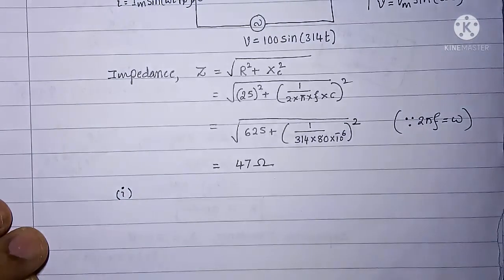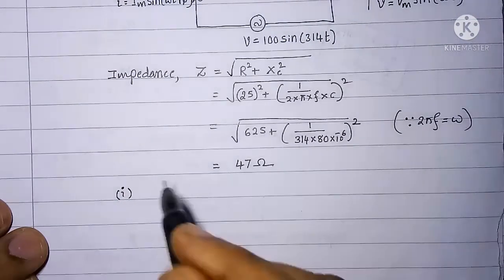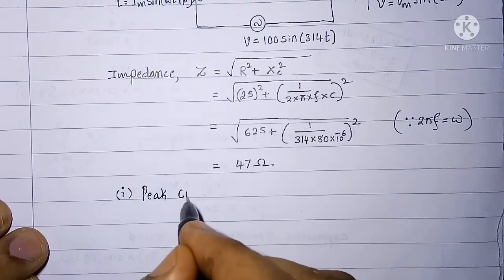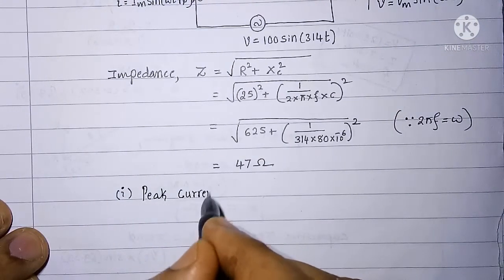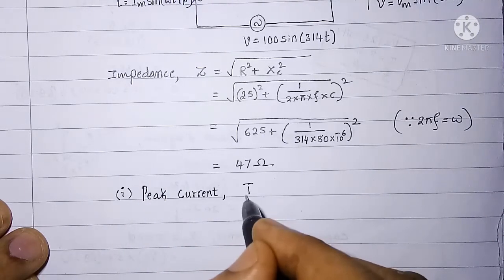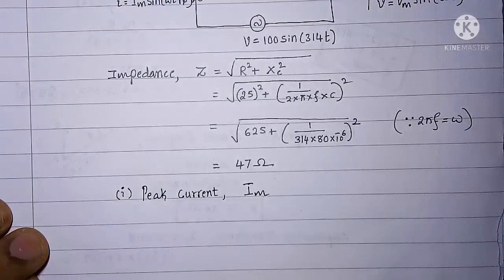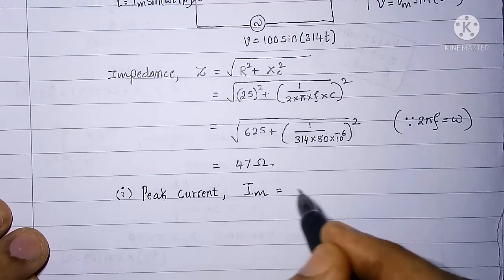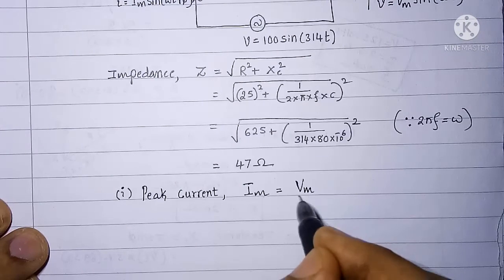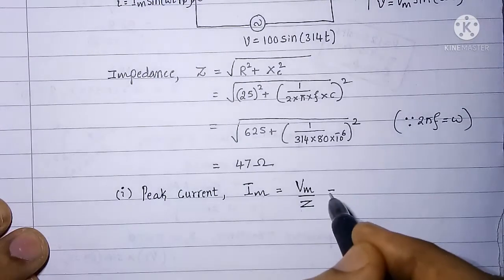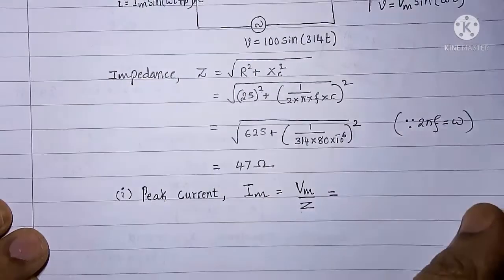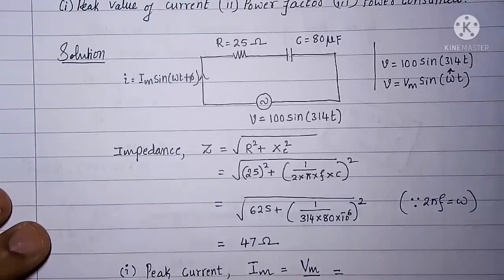Now we will calculate peak current. Peak current or maximum current is denoted by Im, and Im is calculated as Vm by Z. Vm is 100 volts.